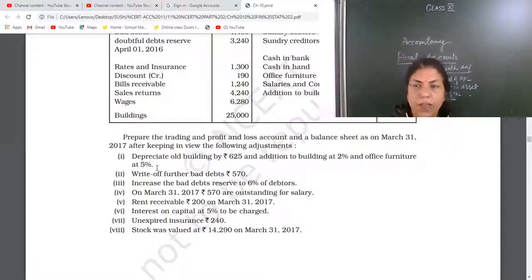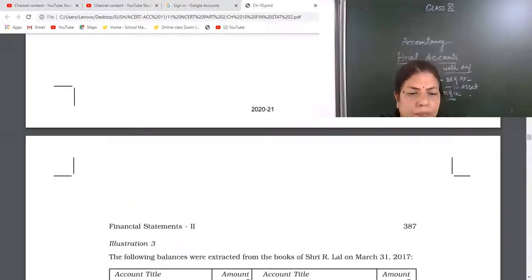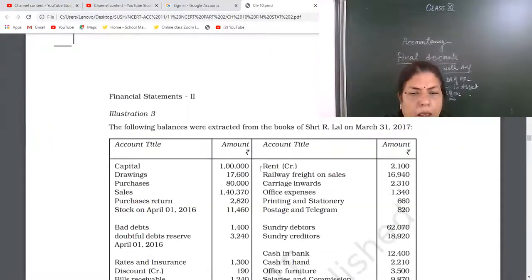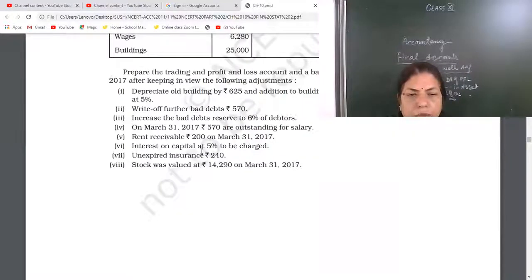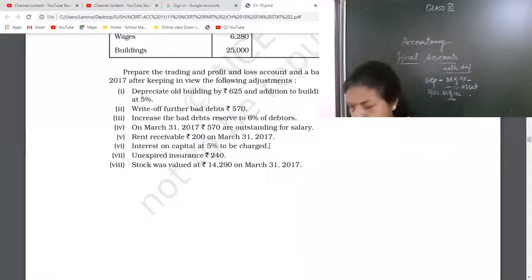Why asset side? Because that income will be received by the proprietor in future. That is receivable. Now interest on capital 5%. So what to do? See, the capital is 1 lakh. Okay, 1 lakh into 5 upon 100, that is 5,000.